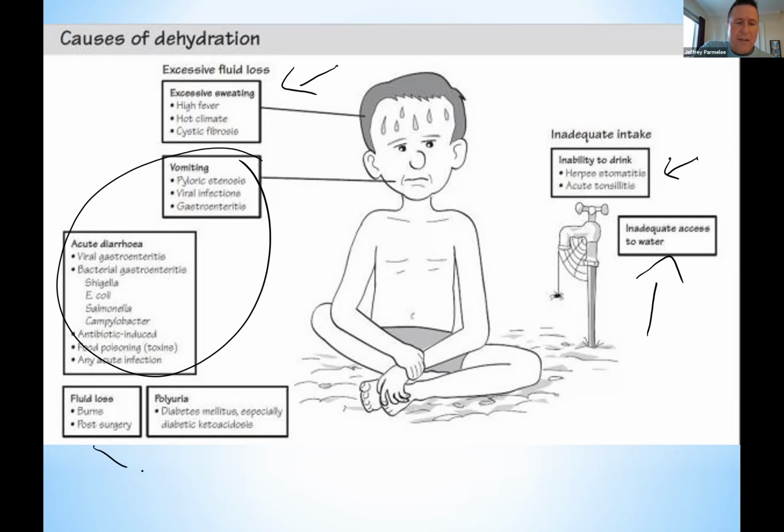Polyuria means you pee a lot. And there's a disease, diabetes insipidus, where you have an ADH problem, you pee gallons. But even diabetes, the normal diabetes mellitus, problem with insulin, is you pee out glucose and then it takes water with it. It's called an osmotic diuretic.